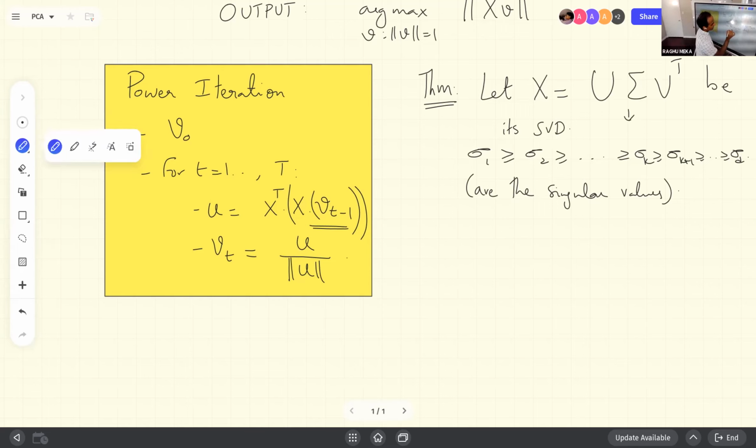So suppose that you go some number of steps, and at that point sigma k plus 1 is less than sigma 1, while the first k are very close to each other.